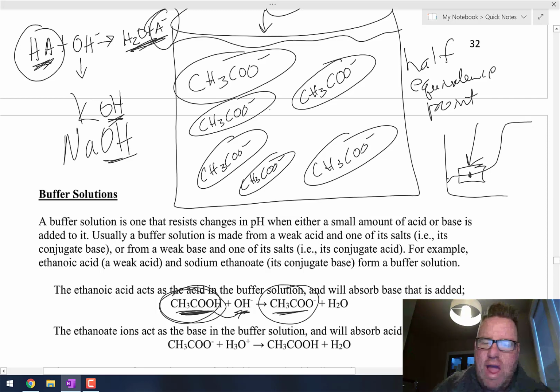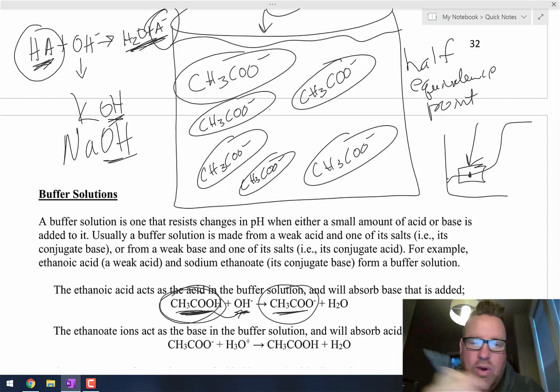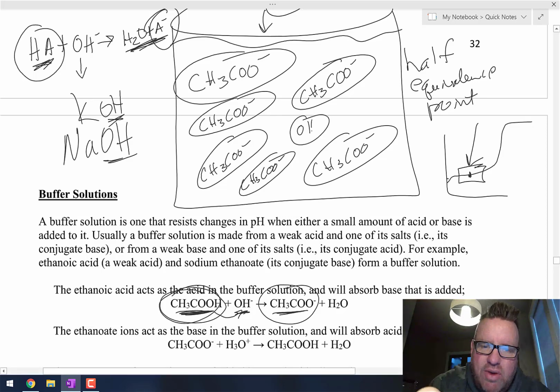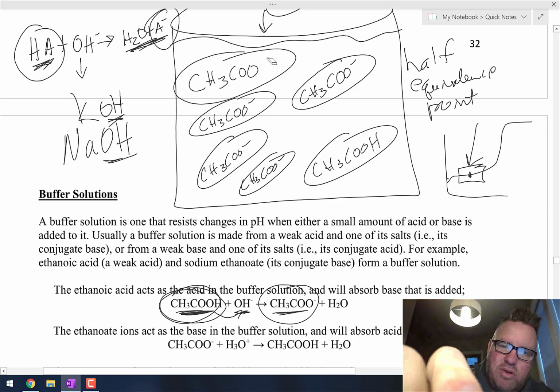And now we've reached the buffer capacity where there's no more acid for it to react with. And so now if you add some more hydroxide, of course, what's going to happen? They're going to have a bunch of hydroxides floating around in here now. And now, of course, the pH is going to go screaming up. Okay? But again, you have to get rid of all of those acid particles first.